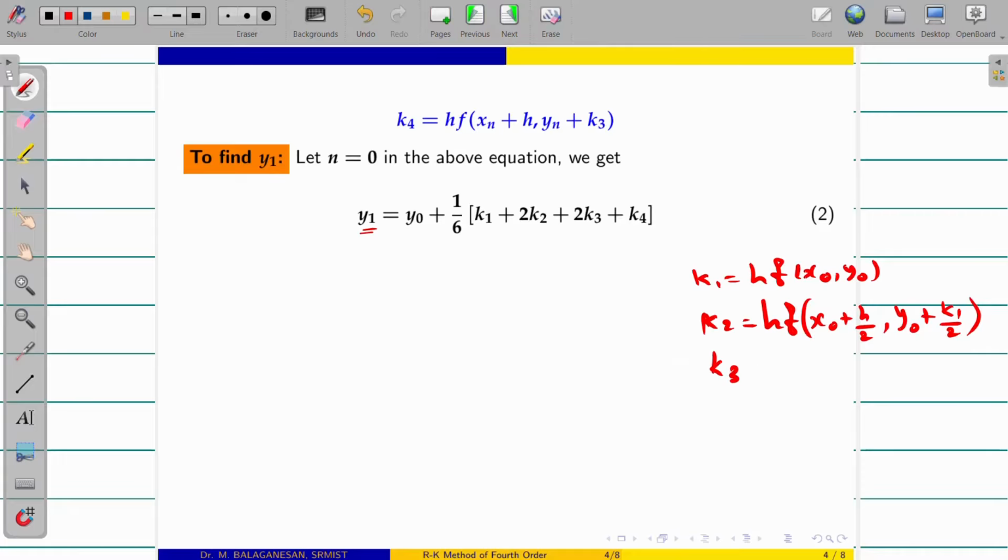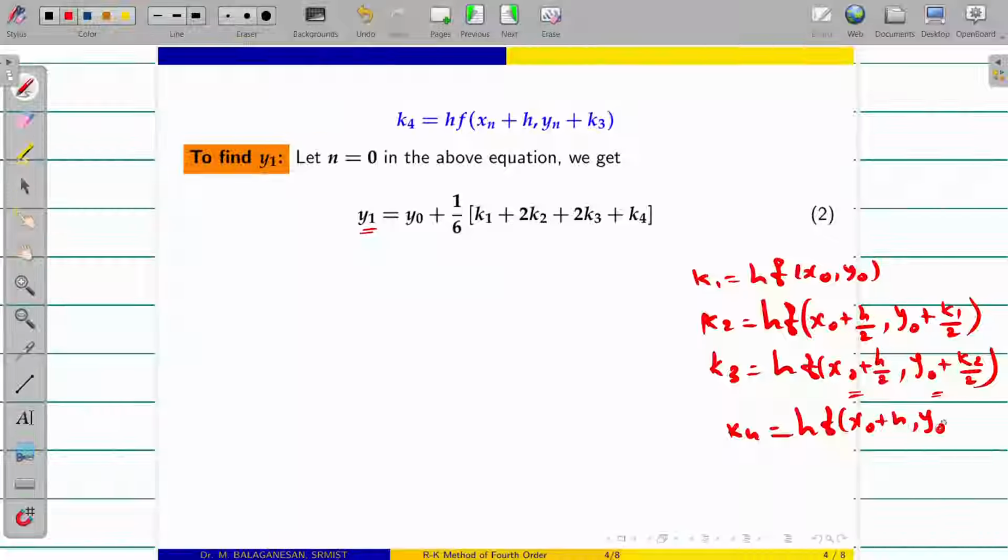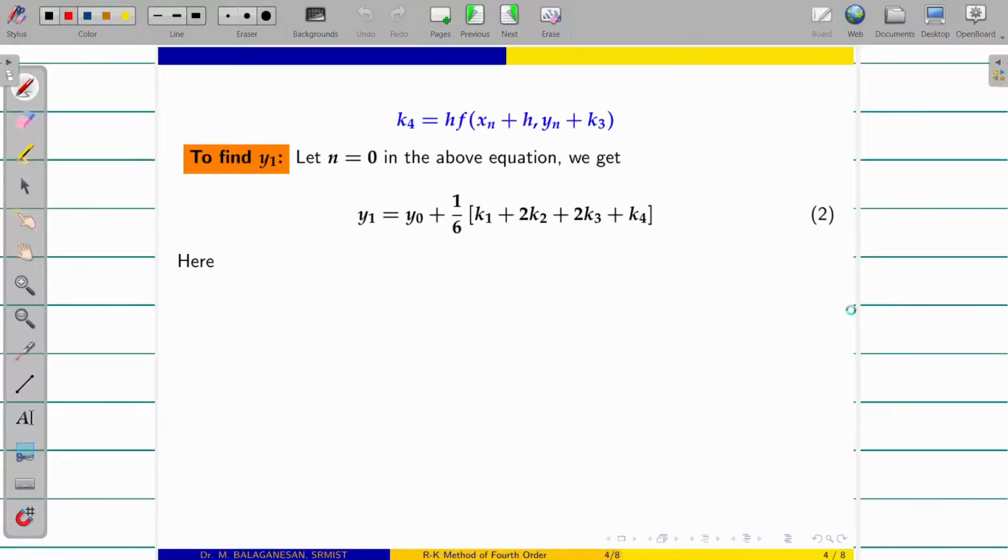Then k3 is h into f of (x0 plus h by 2, comma y0 plus k2 by 2). In all the places you have to replace n with 0. That's the meaning here. And k4 is h into f of (x0 plus h, comma y0 plus k3). So if you are giving n equal to 0 in the entire formula, you have to give n equal to 0 in all the places. Clear? Right. Now we will find them one by one.